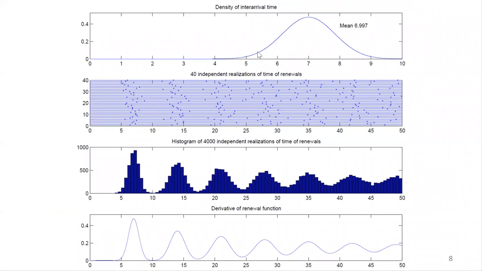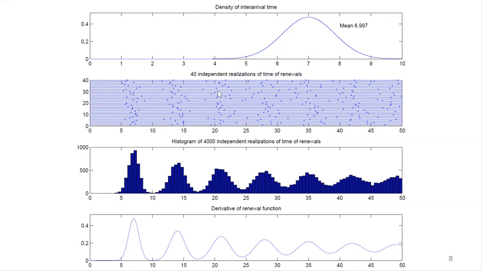Now we change the density to a normal distribution, a normal random variable, with mean 6.997. Here you see this is a normal distribution, and this is a second normal distribution. You have the first normal random variable, then you add the normal random variable again.